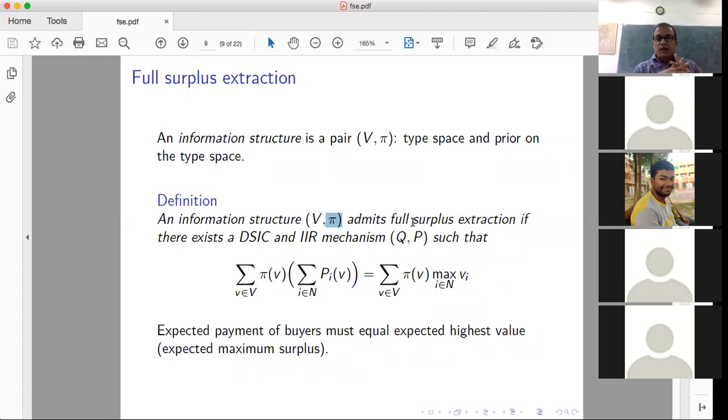That will be a corollary of our result, but that's something to keep in mind. So there are priors for which full surplus extraction is impossible, and we are going to show that there are priors for which full surplus extraction will be possible also.